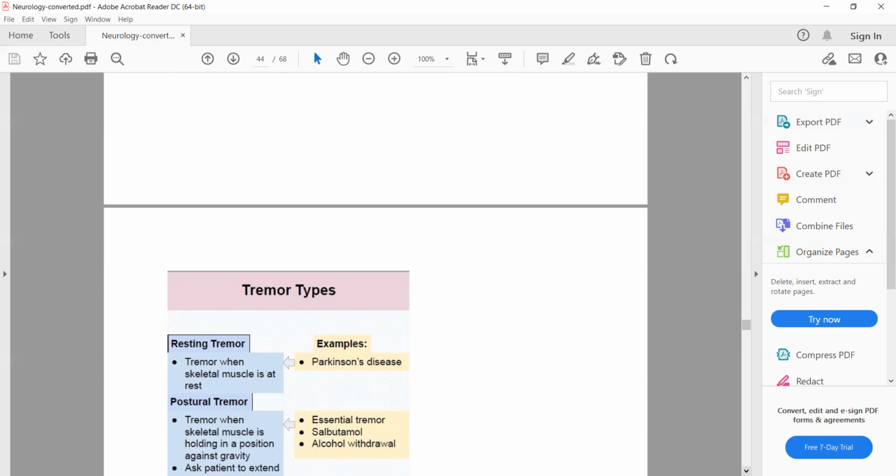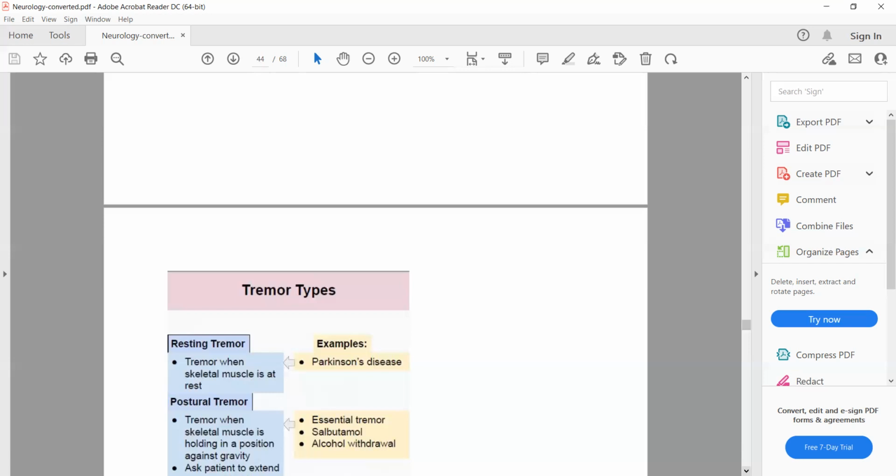And action tremor, is it the same, or is it just related to cerebellar disease? Action tremor is related to cerebellar disease, but you can say that essential tremor is also an action tremor.